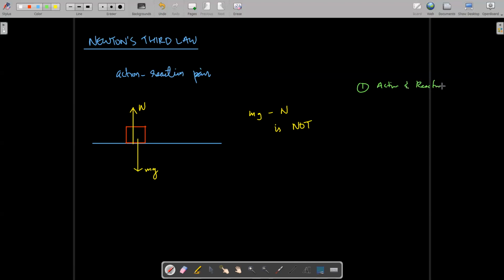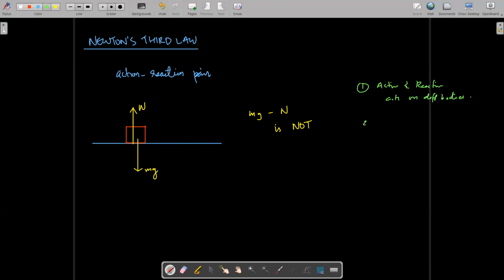Here, these are two forces which are acted upon this body, be it mg or N. They are both acted upon this body, right? So action and reaction should be acting on different bodies. So this is not an action reaction pair.